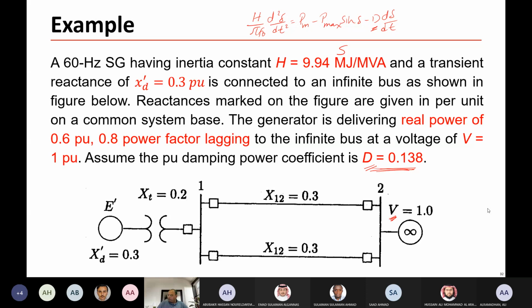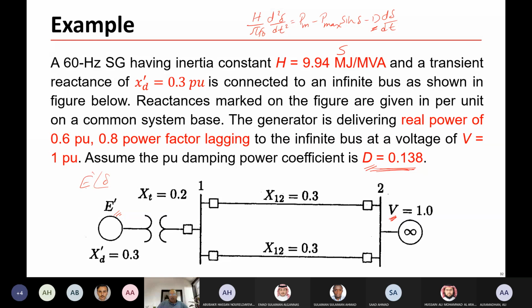Ayub Al-Hurani: Doctor, I think the first thing we need is to find E prime. Yes, we need to find the E prime magnitude and angle delta. So we need the initial rotor angle, and we need the magnitude of E prime.